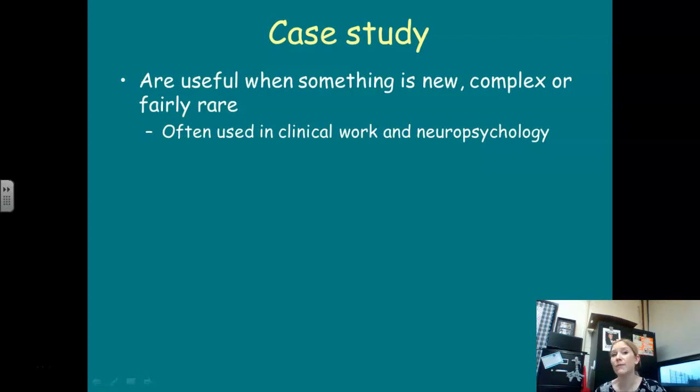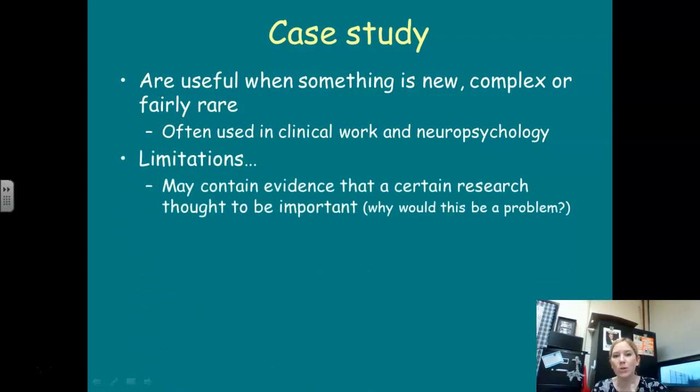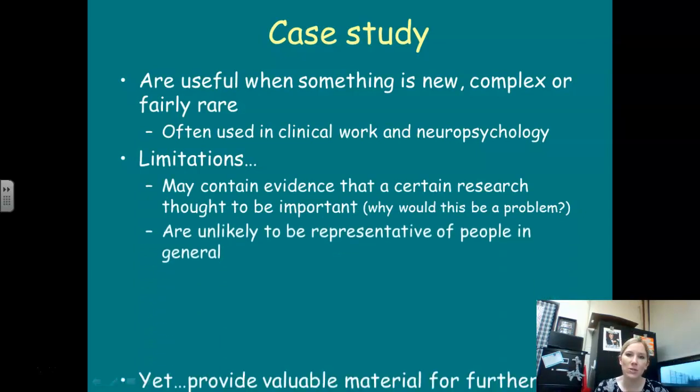So Phineas Gage, for example, the gentleman who had a 10-foot railroad rod spike through his eye socket and out the top of his head, he's the reason we know what the frontal lobe is responsible for because he survived that accident. And so he was the initial presentation of that work on studying the frontal lobe. But what happened with Gage couldn't necessarily be applied to everybody outside of Gage's situation.